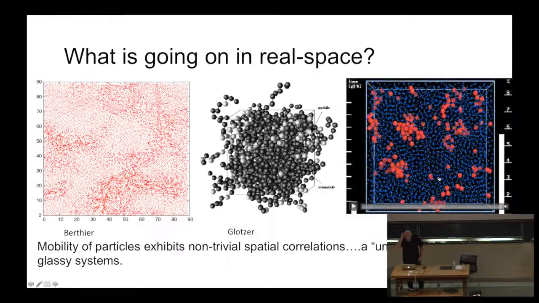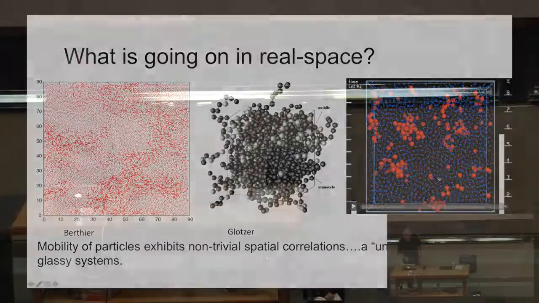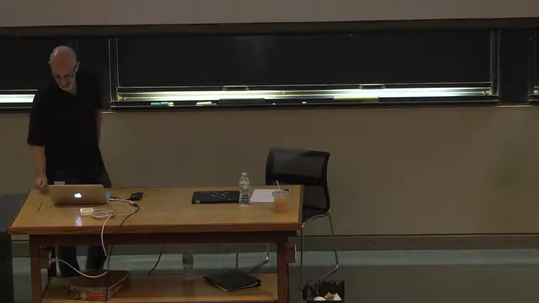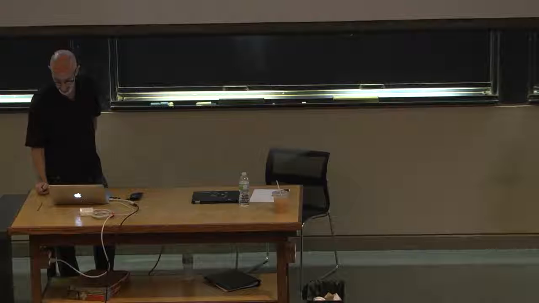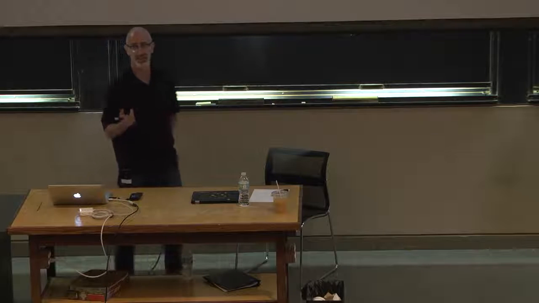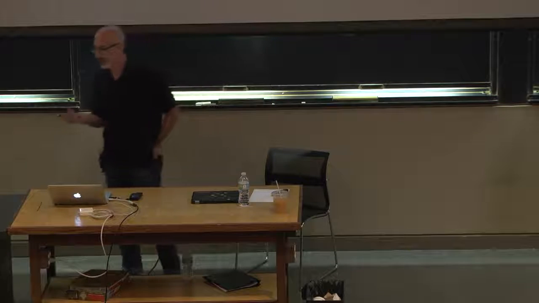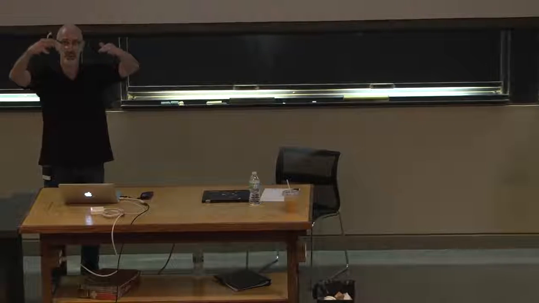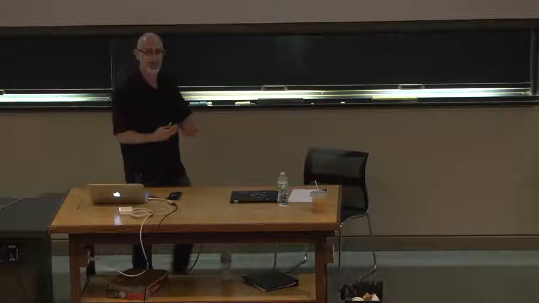So the movie is from a microscopy experiment that was done by Eric Weeks 16 years ago in a paper in Science with Dave Weitz, where they can image colloidal particles that are on the order of a micron in size. The goal is to try to density match this with the fluid so that gravity isn't ruining the experiment by forcing the system to be out of equilibrium and sedimenting.